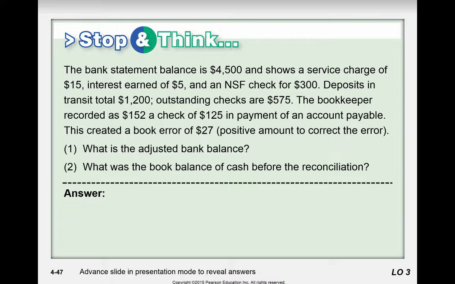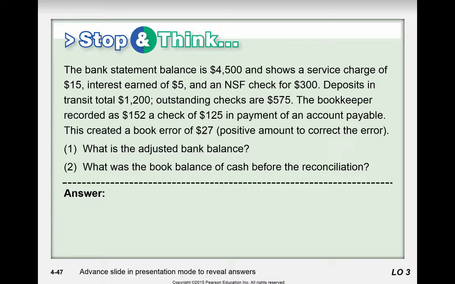So let's go through this particular example. Here, the bank statement balance is $4,500, and it shows a service charge of $15, interest earned of $5, and an NSF check for $300. Deposits in transit total $1,200.